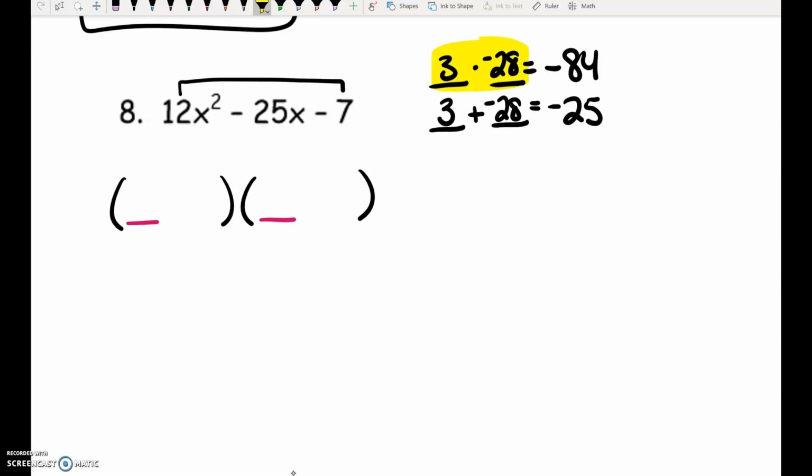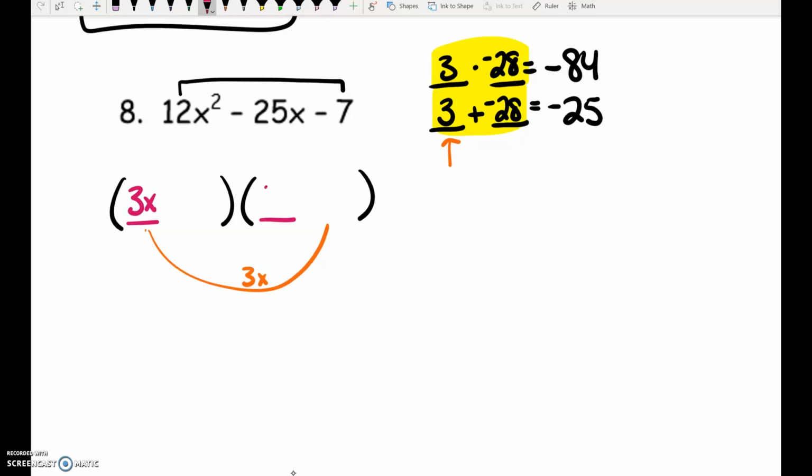look at these numbers to give you a hint about which you should choose for the first blanks. Do you see the 3 right there? That means that one of these numbers times something is going to have to be 3x. That means this is probably a 3x. Which means this one would have to be a 4x.